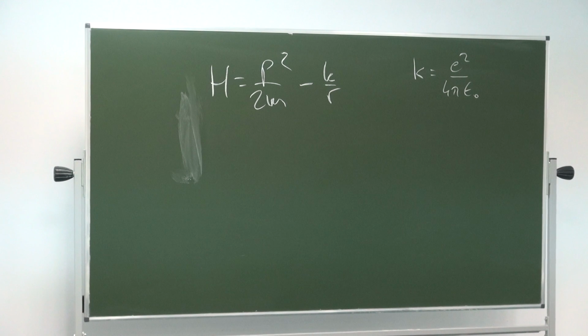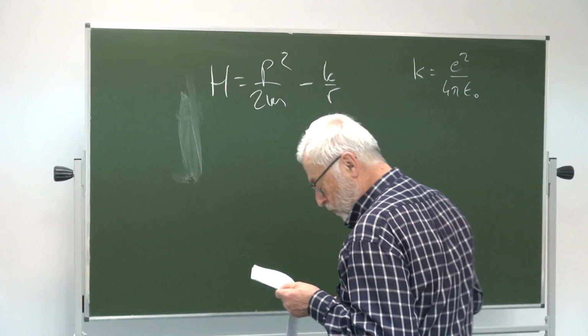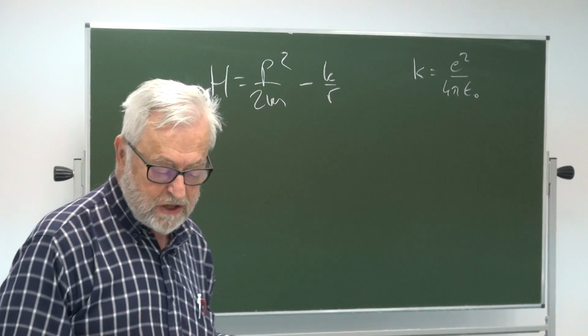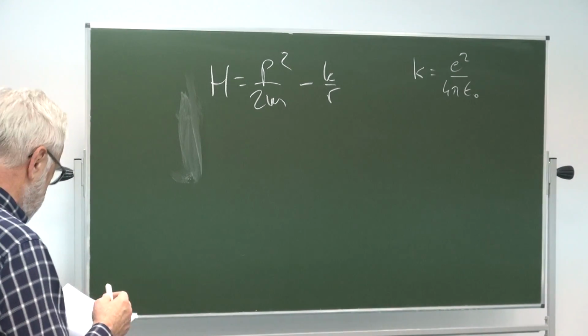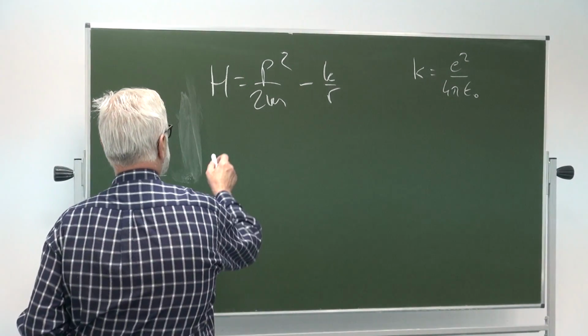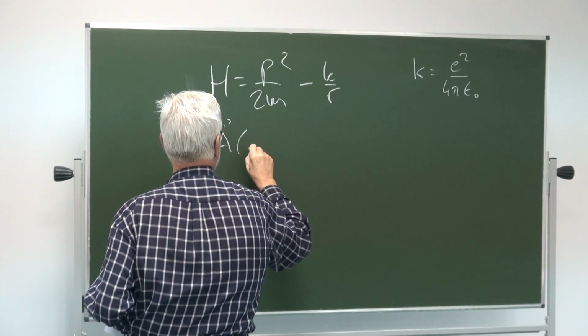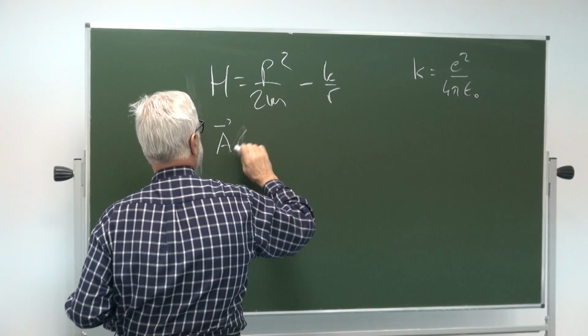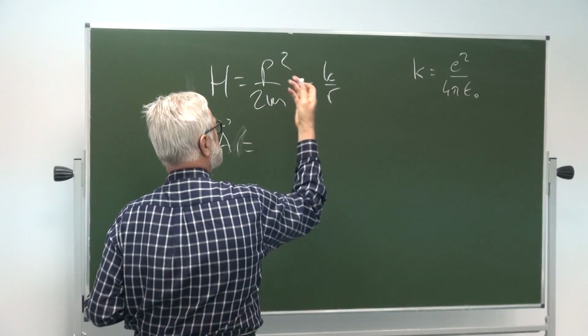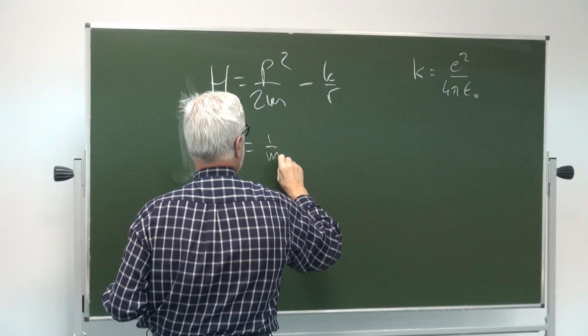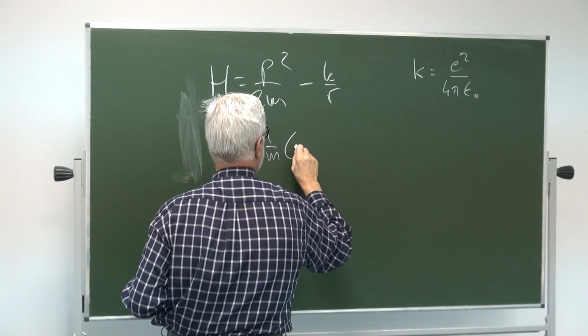Now, already a long time ago, I don't know exactly when, but certainly in the 19th century, two physicists, Runge and Lenz, I think first in Germany and the other in Russia, noticed that there is an interesting vector which has some special relation to the Coulomb or Kepler problem.